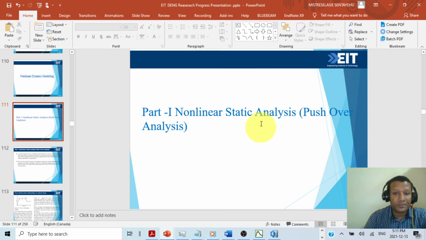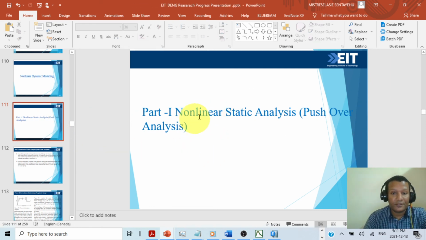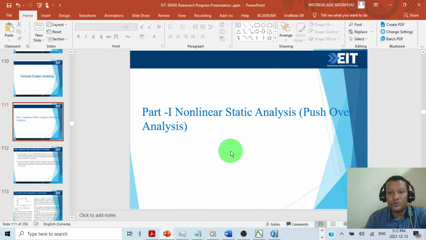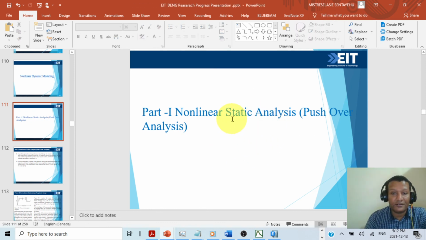For this purpose we are going to use plastic hinge modeling and fiber hinge modeling as per different guidelines and codes, and we will apply first mode forces and uniform forces for nonlinear pushover analysis.